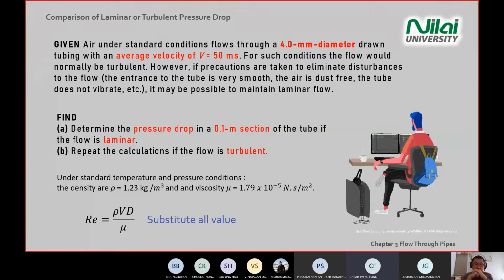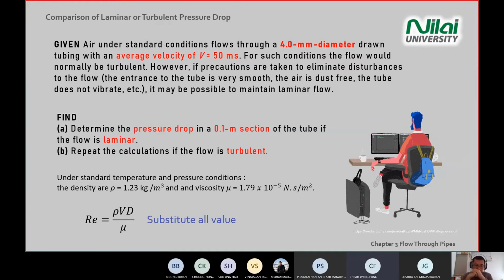So I have the rho of air, we have the standard condition. The rho is 1.23 kg per meter cubed, times the V, which is 50 meter per second. Then the diameter is 4 mm, which means we have to convert it to meter.